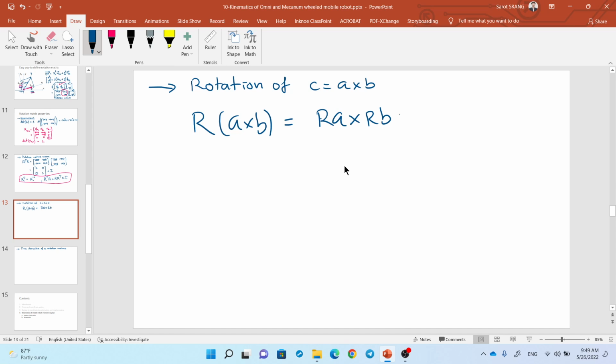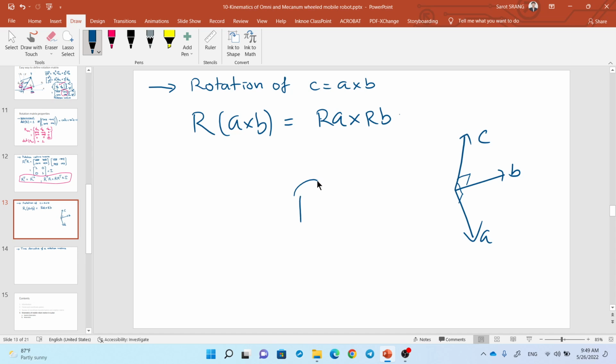So why is this? If you remember it's good, but if you don't remember, you may get confused, right? So I'm going to explain a little bit here. Let's say you have vectors A and B, then you get C like this.